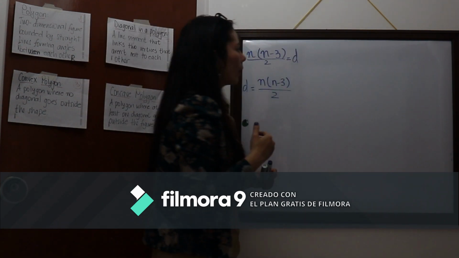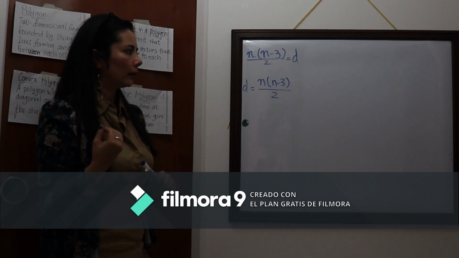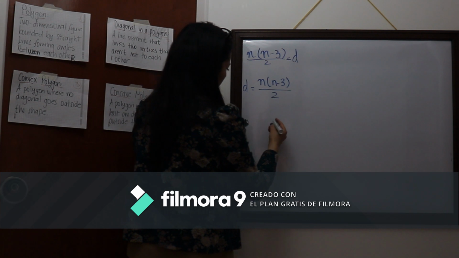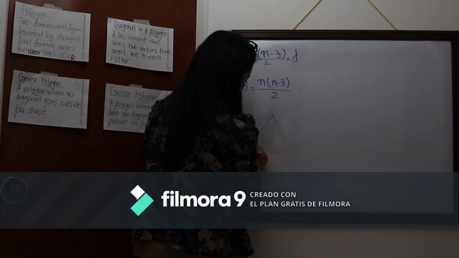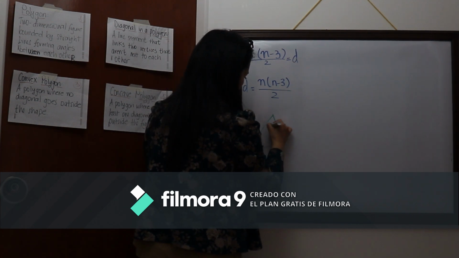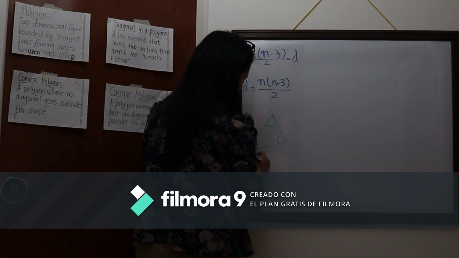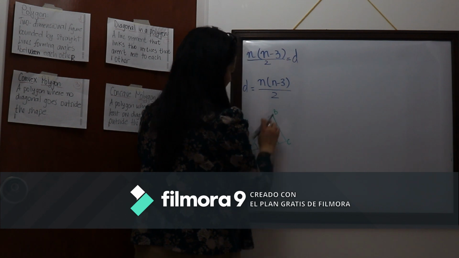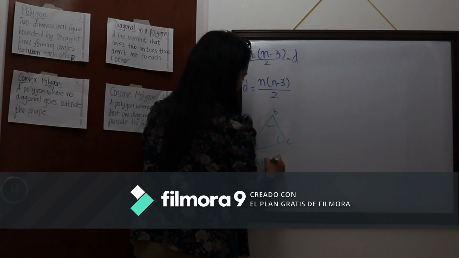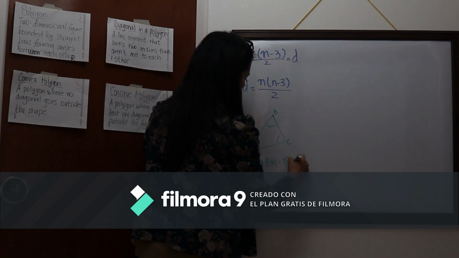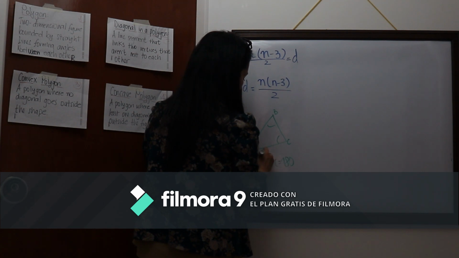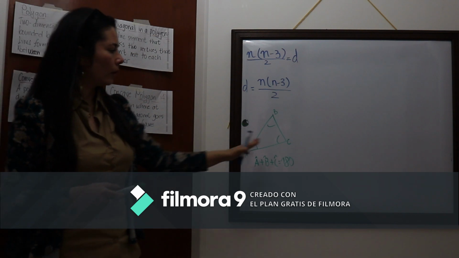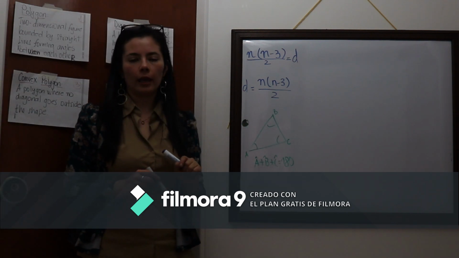So think about this. If we want to think about, again, the angle sum, well, we know a triangle has an angle sum of 180, right? Remember? If this is angle A, B, and C, we know the sum of all the angles is going to be 180 degrees.